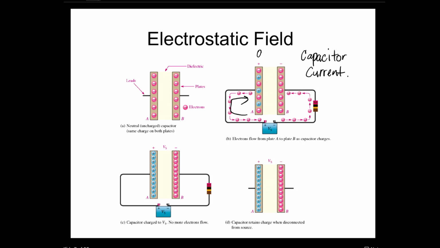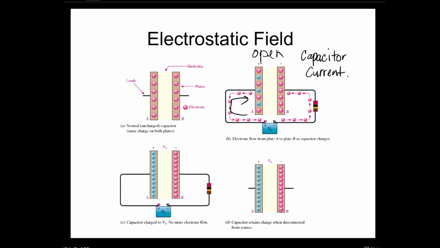The capacitor is two electrically isolated plates, and because they're isolated, that means that we have an open. So can you have current flow in an open circuit? No, but when the plates are close enough such that it allows an electrostatic field to build, during the time that the electrostatic field is building, you will have current. Once this capacitor is fully charged, we have no current.